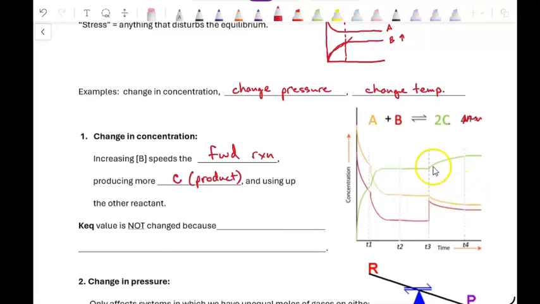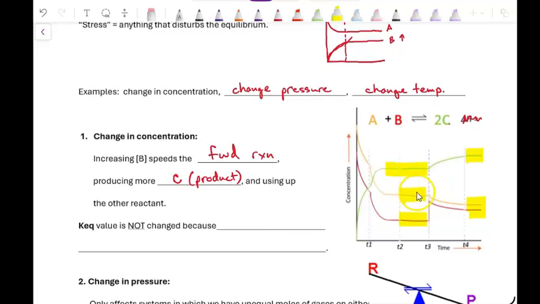Now, eventually, we're going to reestablish equilibrium, and you can see these lines kind of flattening out here, okay? We're going to reestablish equilibrium, and even though the concentrations won't be the same as they were back here, so we had equilibrium before with whatever these concentrations are, and they're not the same concentrations, but the KEQ value, products over reactants, would give you the same answer.